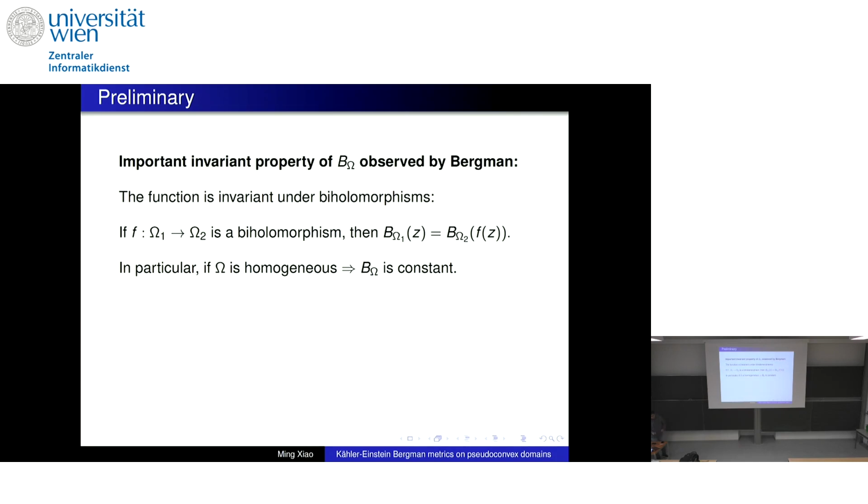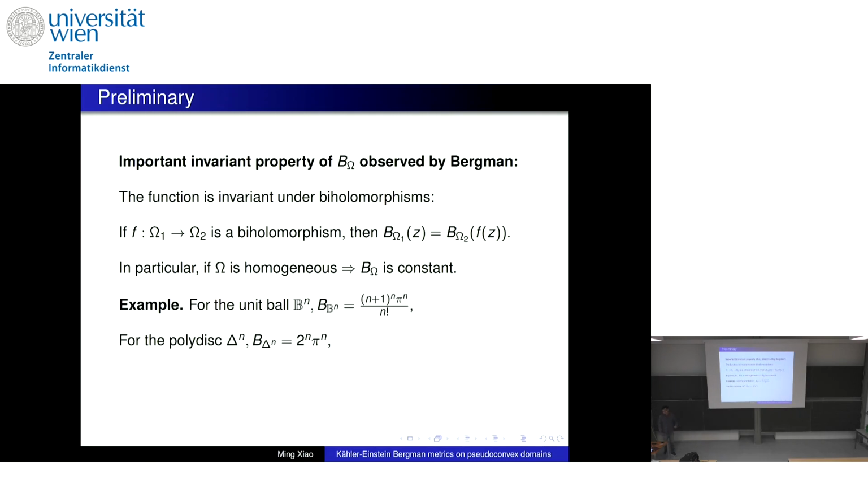In particular, if I have a homogeneous domain omega, then this function is constant, because for fixed Z, by taking an appropriate F, I can make F(Z) be any point. So it's constant.